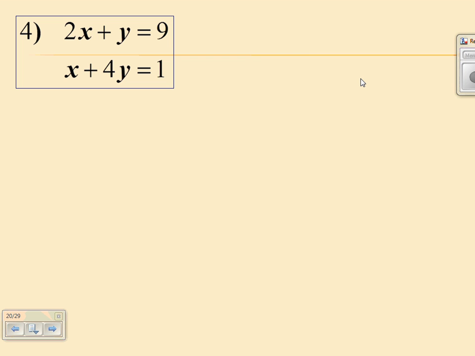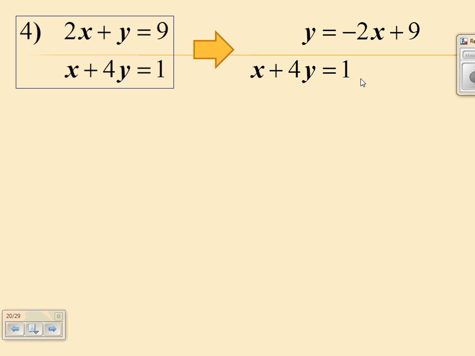So I have to make a choice here. I can choose either equation to get a variable by itself. For this problem, I chose to get y by itself on the top equation. So I get y equals negative 2x plus 9.